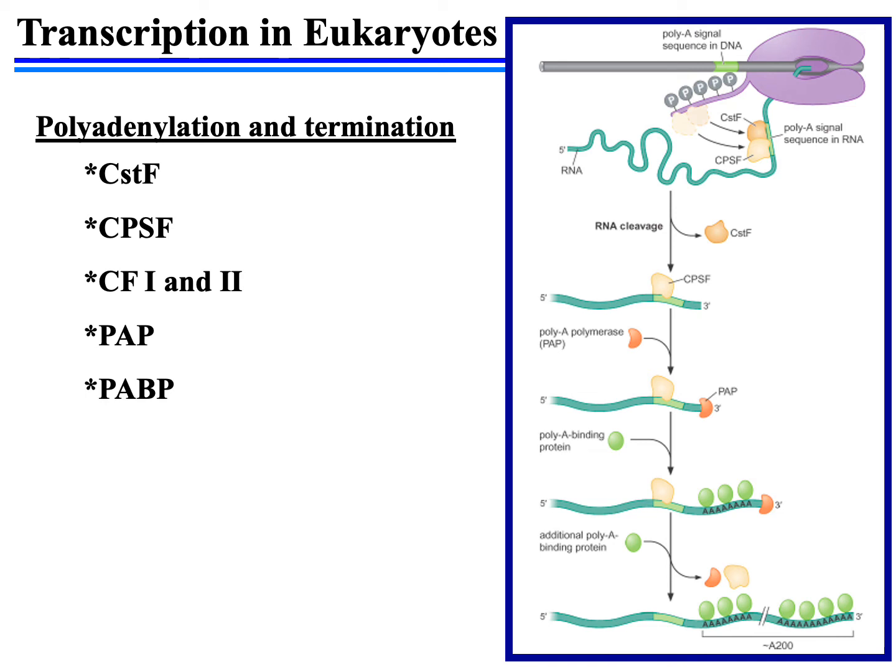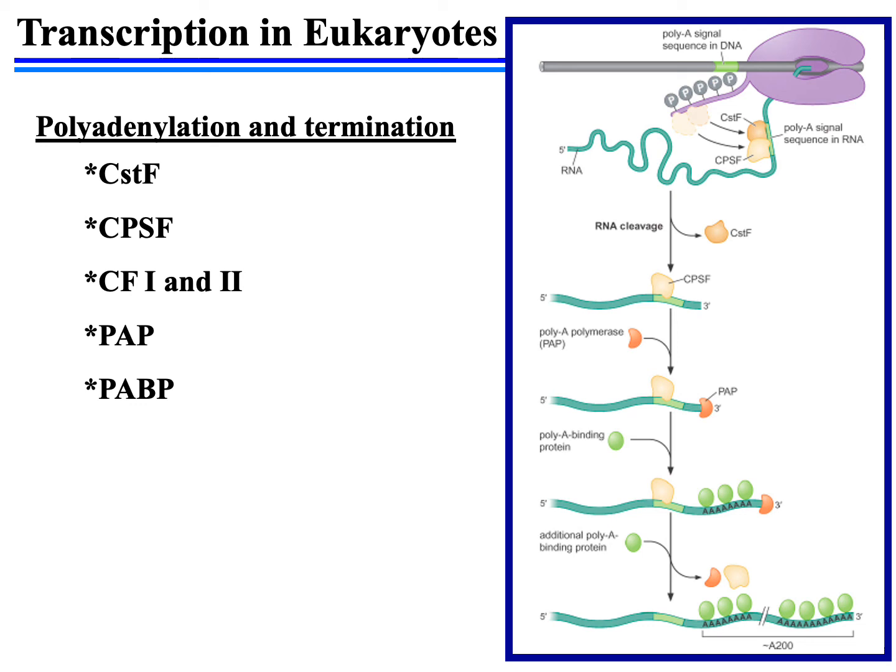In addition, you have PAP, which is short for poly-A polymerase, which is going to be the enzyme that adds the A-containing nucleotides to the 3' end of the message. And then PABP, which is poly-A binding protein, which is a set of proteins that binds specifically to the poly-A tail.